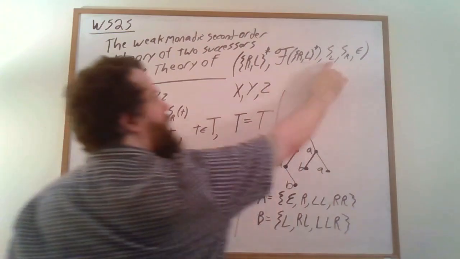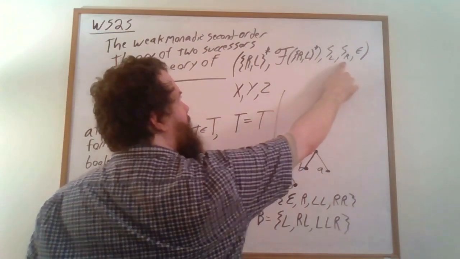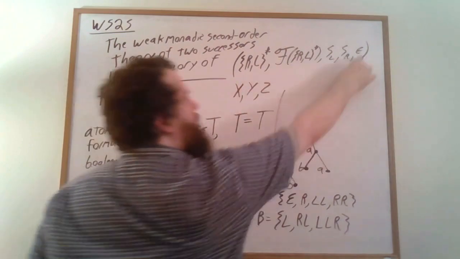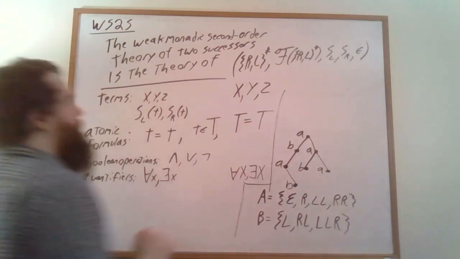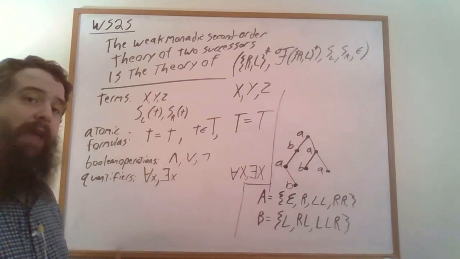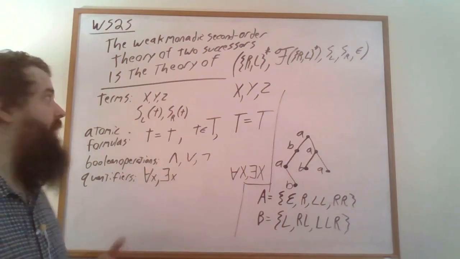And then we have the operations successor L and successor R on words, and we have containment between words and finite sets. And we can build up a formula in this theory as follows.